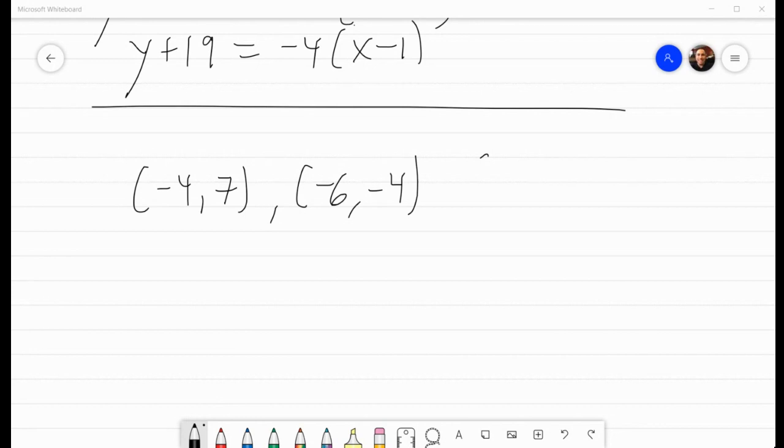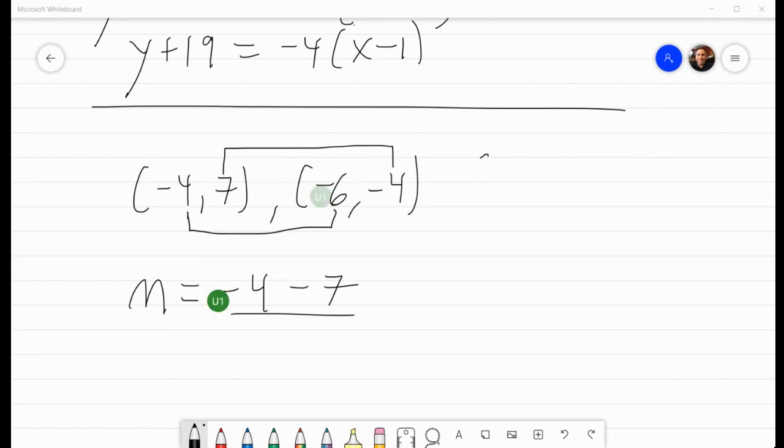Okay, so let's get the slope here. Again, change in y, so negative 4 minus 7, over the corresponding change in x, minus 6 minus 4.